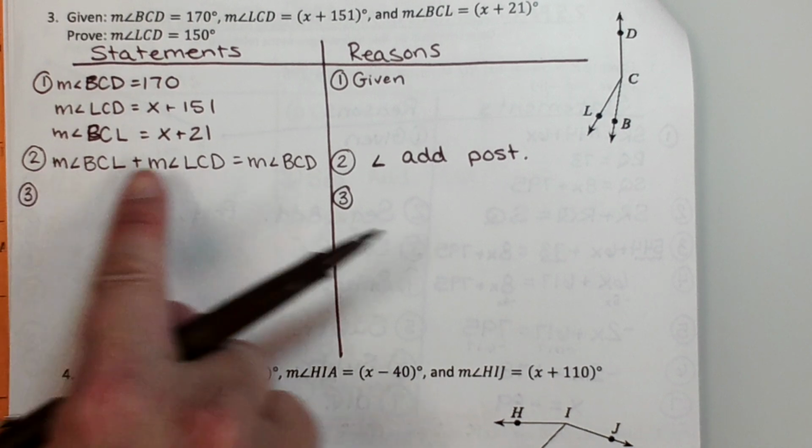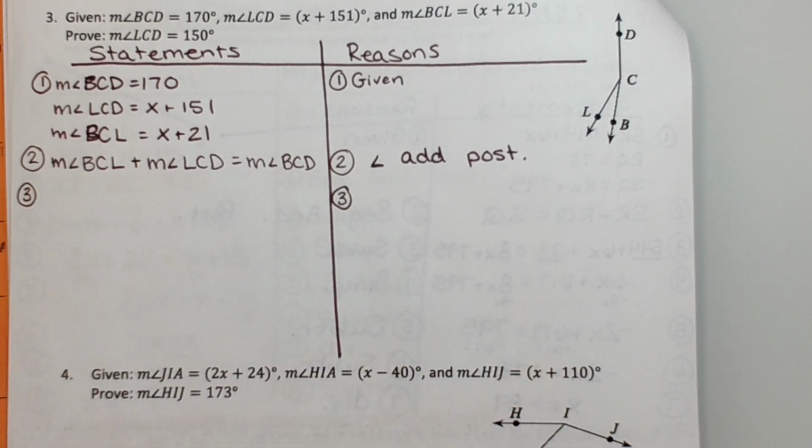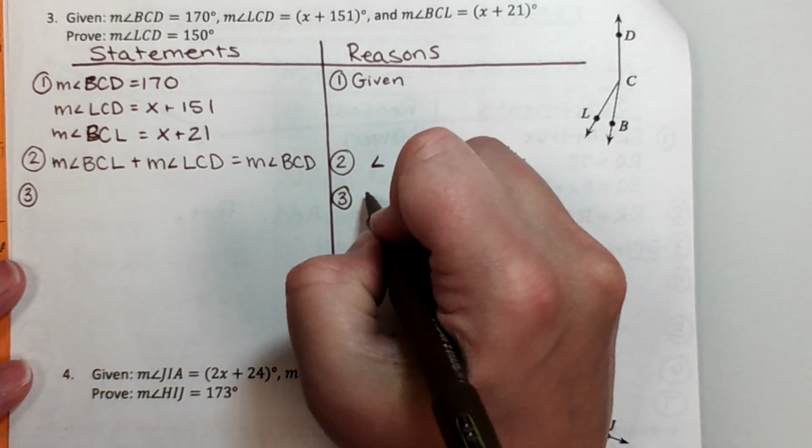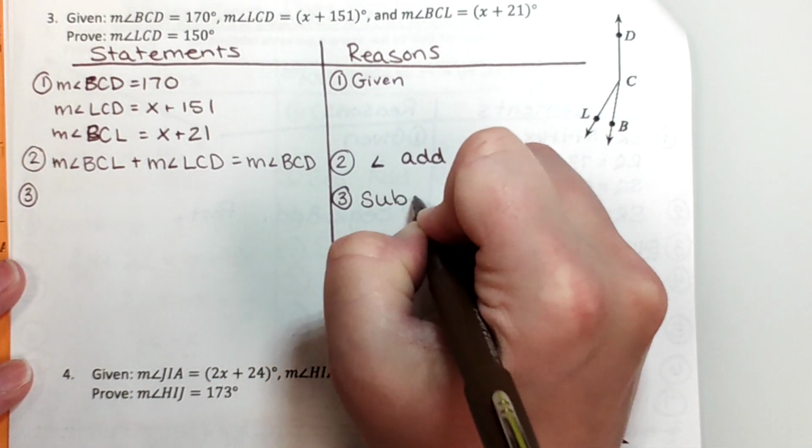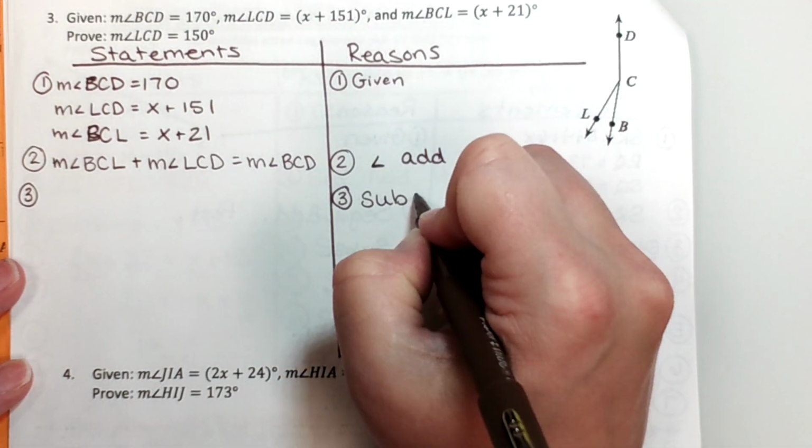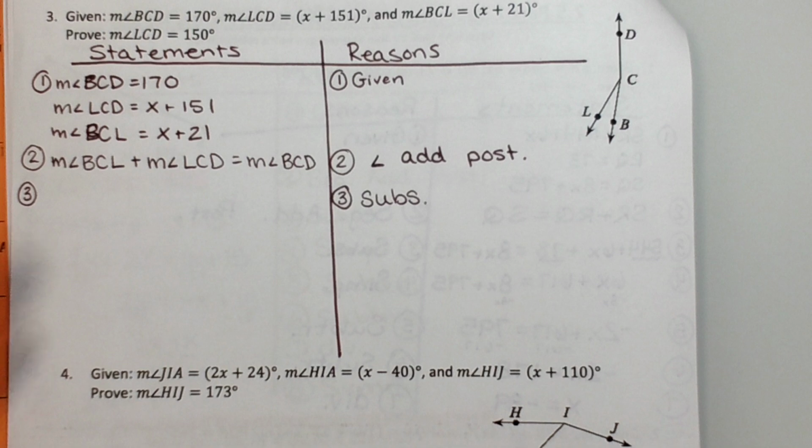I can't simplify anything yet. There's nothing to simplify. I think you're a step ahead of us. Property thing. Substitution. S-U-B. At least get to the S. So we're going to do substitution.